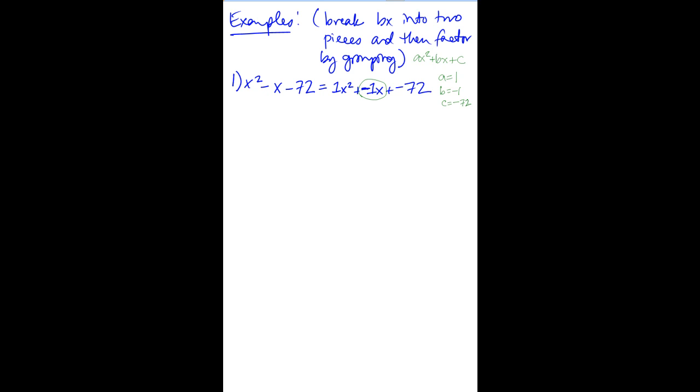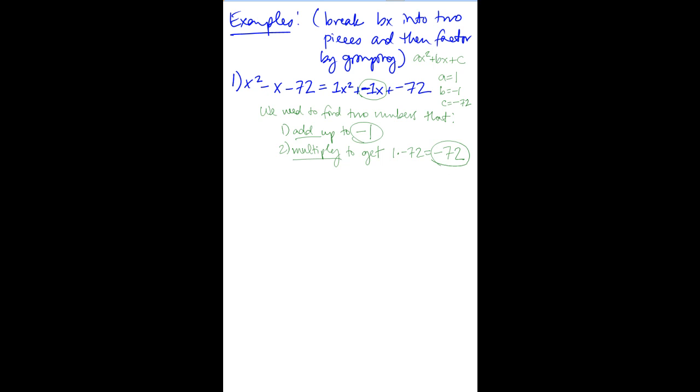So we need to find two numbers that add up to b, which in this case is negative 1, and multiply to get a times c. In this case, a times c is 1 times negative 72, so that's just negative 72. So we need them to add to negative 1 and multiply to negative 72.